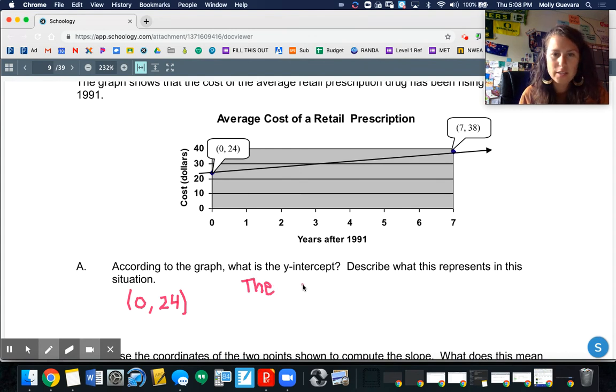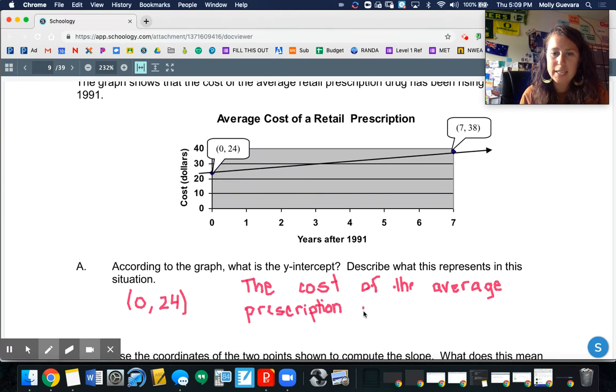So the cost of the average prescription, and then I'm going to include the actual details now.